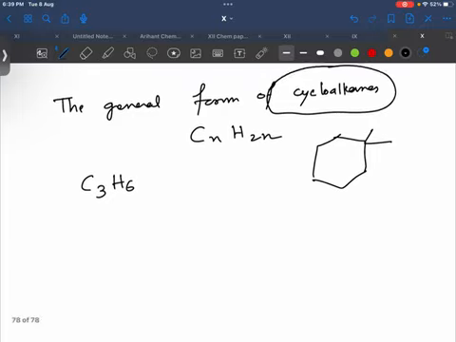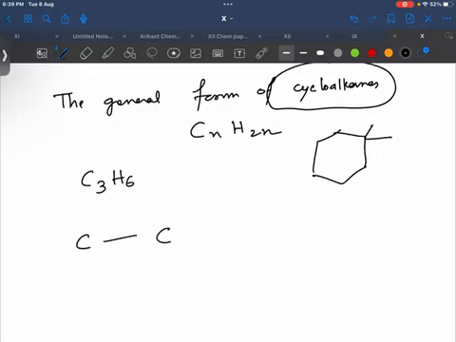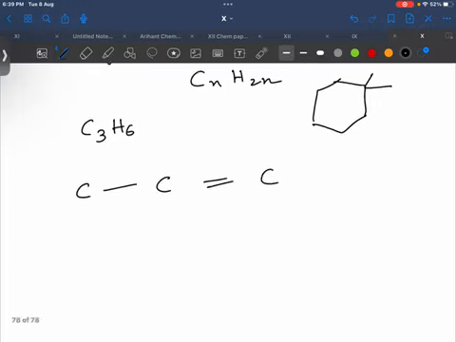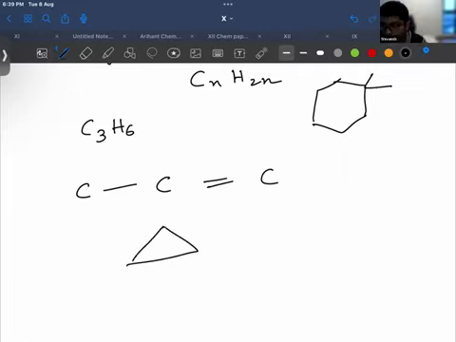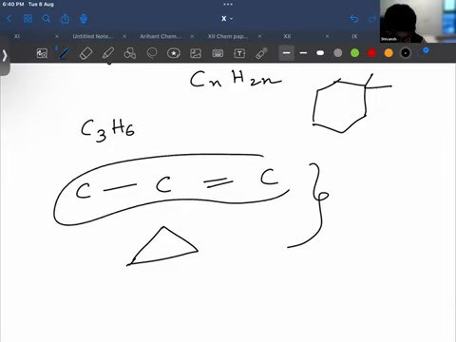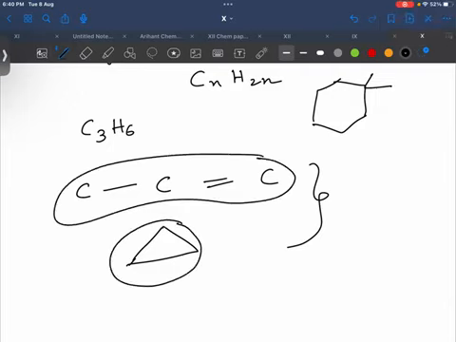But then what I will do is, for example, I can have these two possibilities, right? Because of a double bond and because of a single bond, these two will show different qualities.